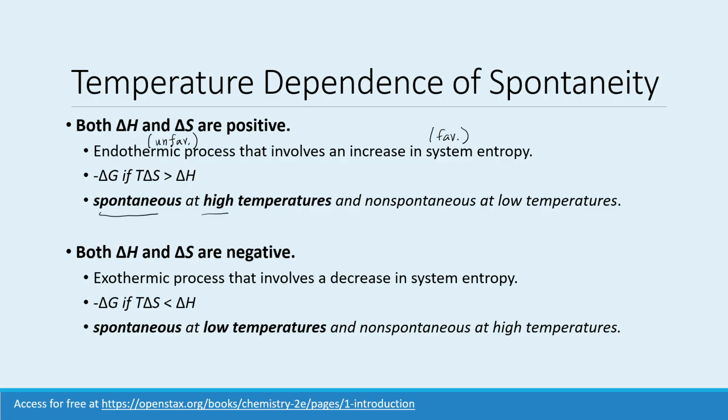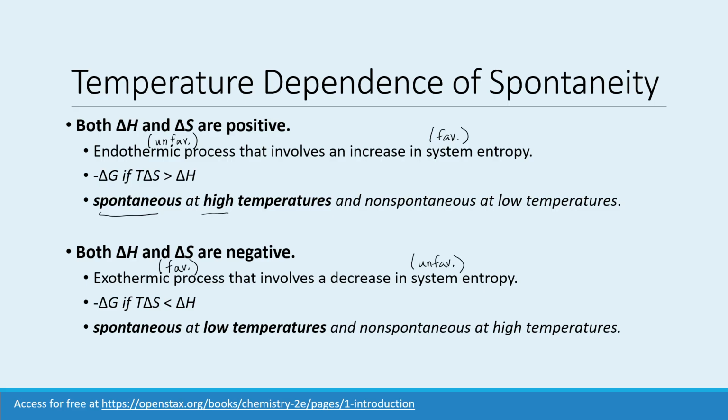So if you have an endothermic process with an increase in entropy in the system, it's going to be spontaneous at high temperatures. Okay, and then opposite, if we have delta H and delta S negative, then remember enthalpy is going to represent an exothermic process if it's negative, and that's going to favor a spontaneous reaction. But if delta S is negative, you have a decrease in the entropy of the system, and so that's unfavorable.